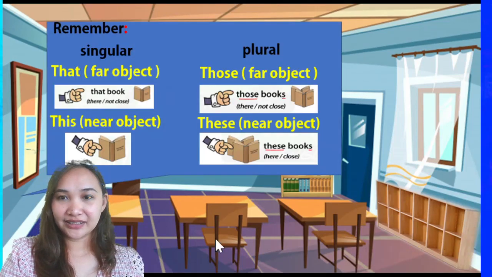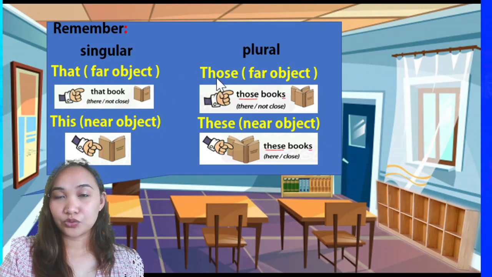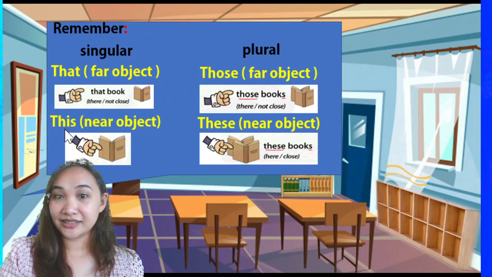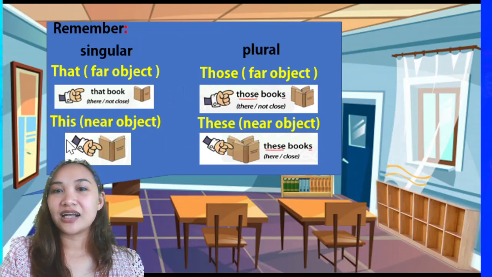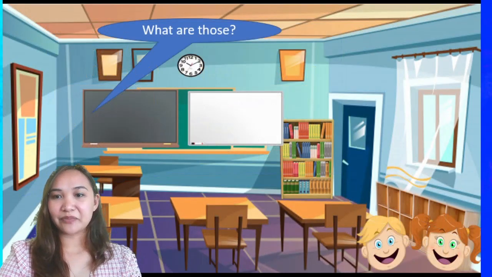So again, can you say that, those, that, those? Very good. This, these, this, these, this. Right, so example.